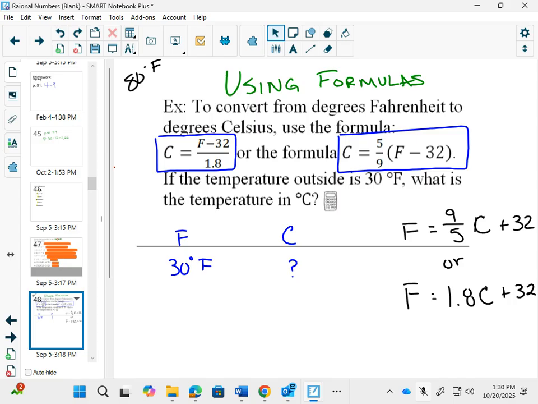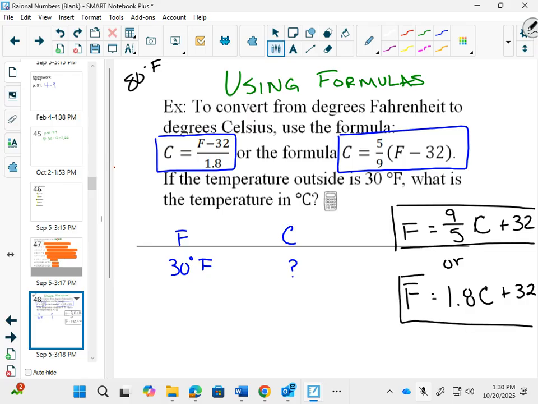It has been reciprocated. So all four of these formulas, they all mean the same thing. But they all do slightly different things. One of them uses decimals, one of them uses fractions. And some of them really help you find Celsius, and some of them really help you find Fahrenheit.